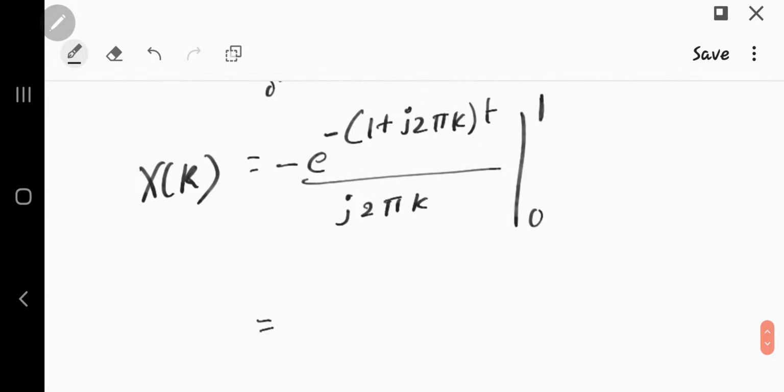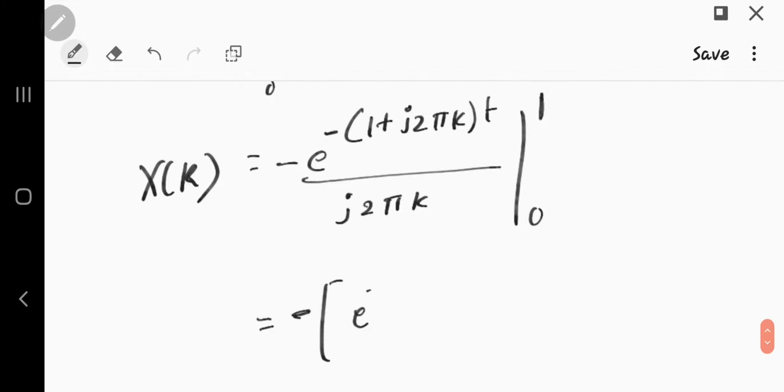If you integrate this and I just apply the limits here, we have e to the power of minus (1 plus j 2 pi k)t divided by j 2 pi k. So that we are supposed to simplify by applying the lower and upper limit. Let me do that step here.